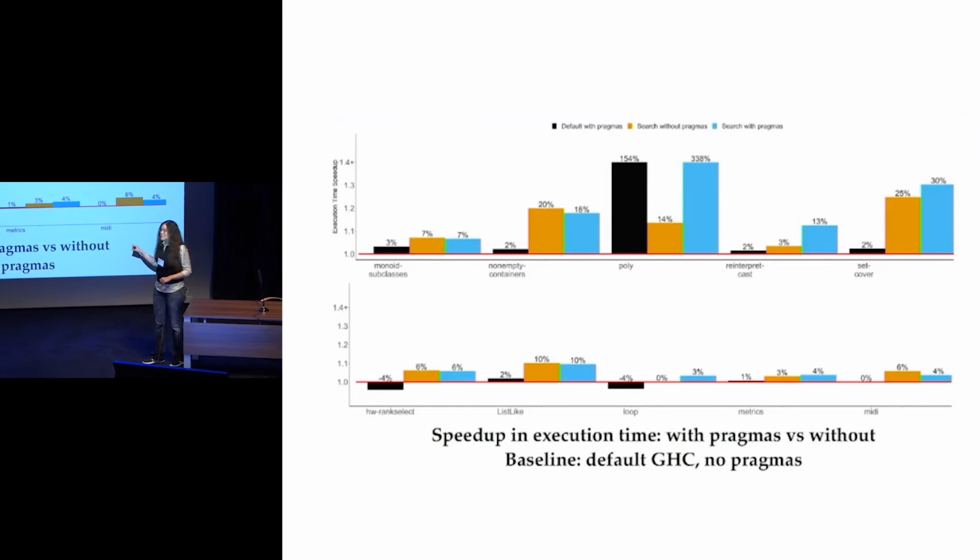Now, Poly is a little bit misleading because that blue bar should be going way higher up, because that's sped up by 338%. That's with Pragmas and with random search. It's also noteworthy that if we look at Poly and take the Pragmas out and then randomize things, we only get 14% improvement, which is much less than no randomization with Pragmas, which is 154%.